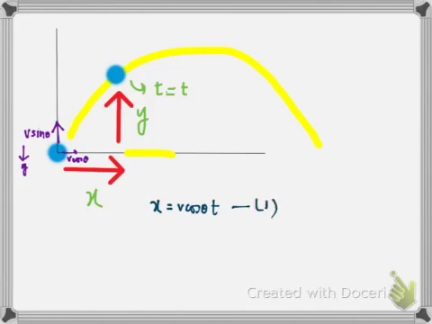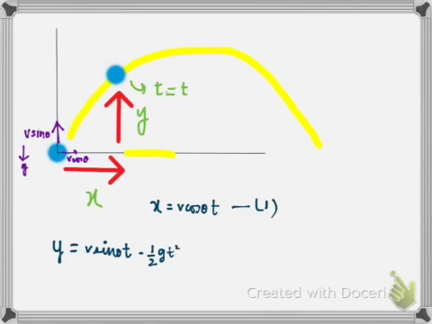Now applying s is equal to ut plus half at square in the vertical direction, we will get y, because I have taken the upward direction as positive, y is equal to v sin theta into t minus, because g is in the downward direction and downward is taken as negative, therefore minus half g into t square.